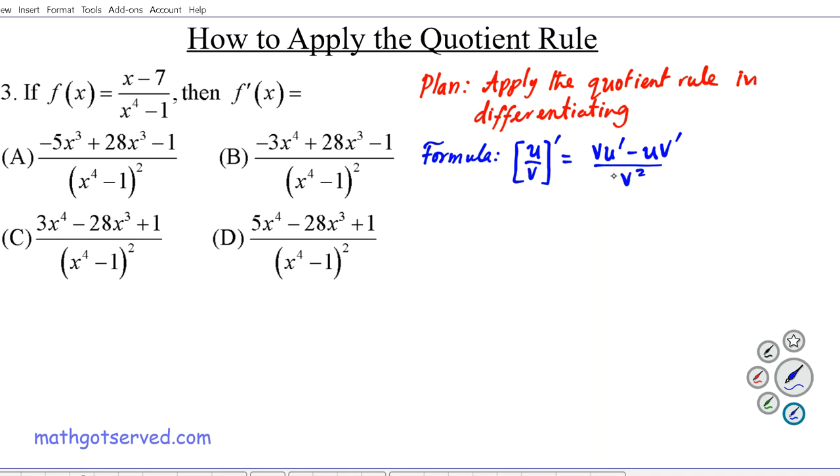Okay, low d high minus high d low over low low, or low squared. Alrighty, so let's see what we can do here. The function f of x is given by x minus 7 divided by x to the fourth minus 1. So the numerator function is u.